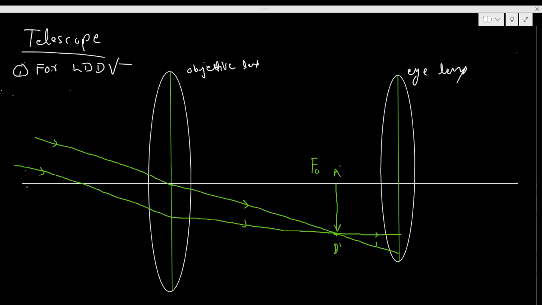Here we have another focus, this is FO dash. Now this is the FE. Keep in mind, this is FE dash, and over here we have FE. These are different focuses. Now we draw the virtual line which is passing through the optical center.